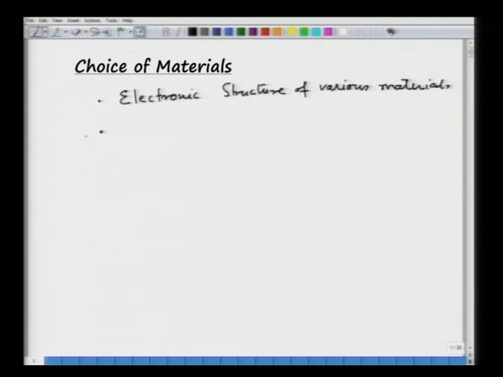We will further have discussion on how to change the band gap. One technique in this is to change the composition of 3-5 materials.